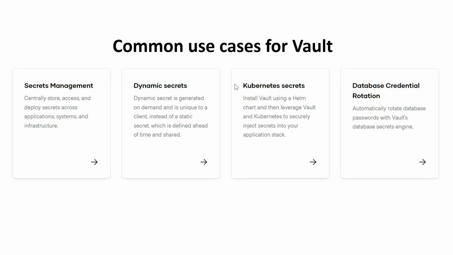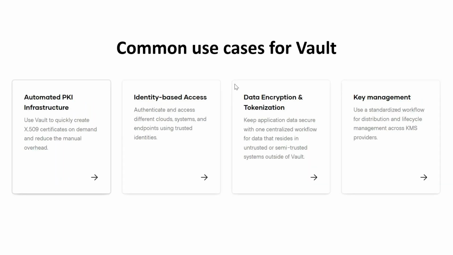You can also store Kubernetes secrets and use Vault for it. For database credential rotation, if you want the database password to be changed, that can also be done using Vault. So yes, many things we can do with Vault. Also, you can automate PKI infrastructure, meaning certificates you want to keep updating.